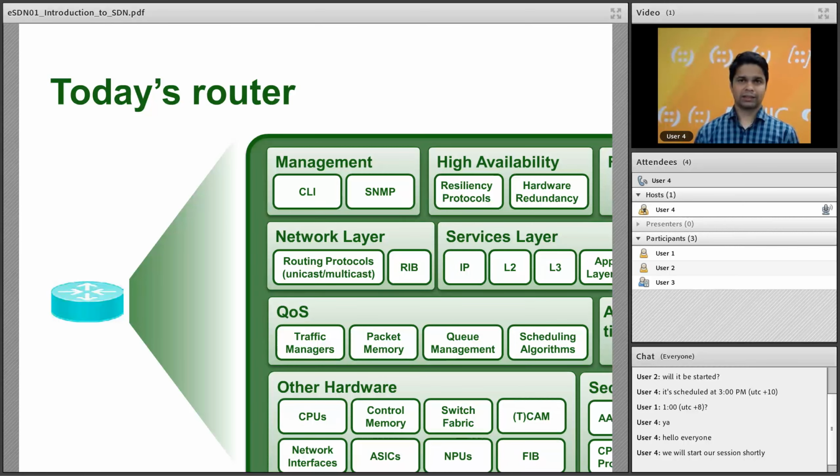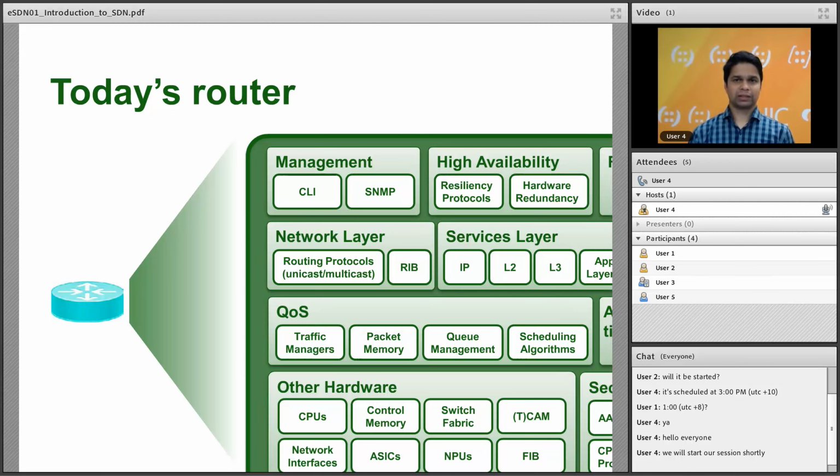To facilitate these many changes, these capabilities have been added to the routers over time, such as management, high availability features, multiple service layers, elaborate and complex QoS, quality of service, mechanisms, specialized hardware for specific network functions, and so on. There are a multitude of router manufacturers who provide all those high capability mechanisms to manage all the routers we have today.